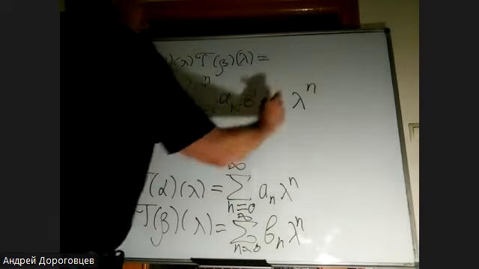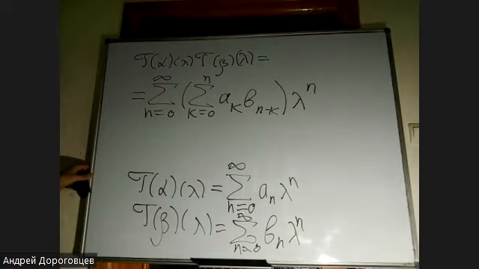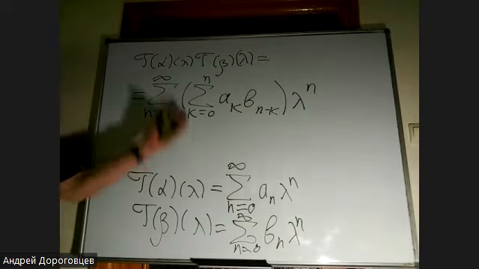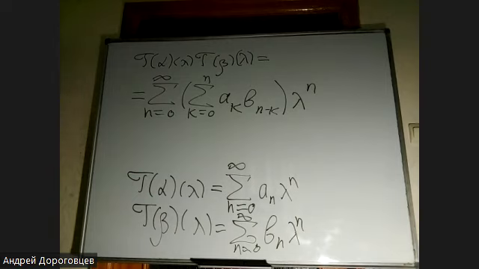So we have the following expression for the product of the Fourier–Wiener transforms of our variables.